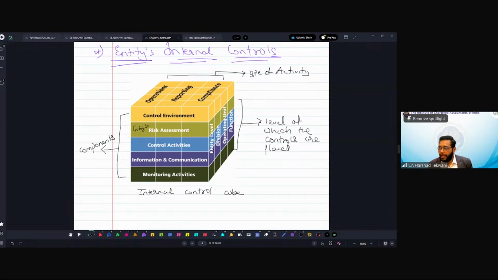Sir, in control activities, we saw that there is information processing in which two types of control are there: application controls and IT related controls.